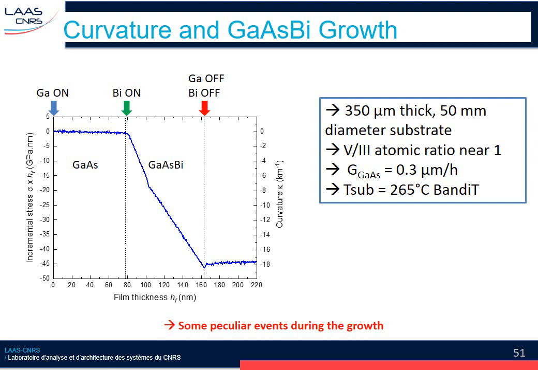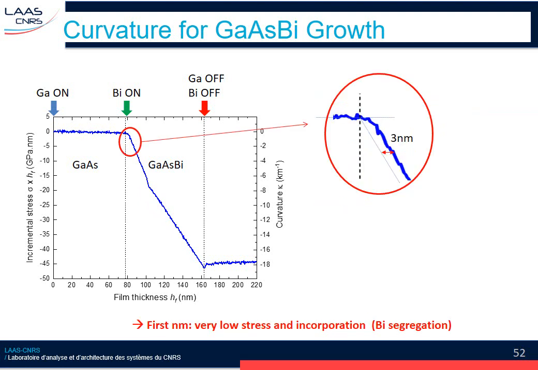Afterwards, when you grow gallium arsenide bismuth, what we expected is a constant slope, but you can see that there are many different features appearing here. There is a feature appearing in the middle of this growth, and you see that the two slopes seem to be different.